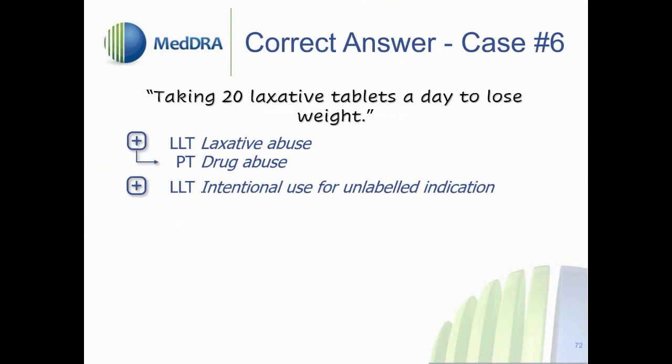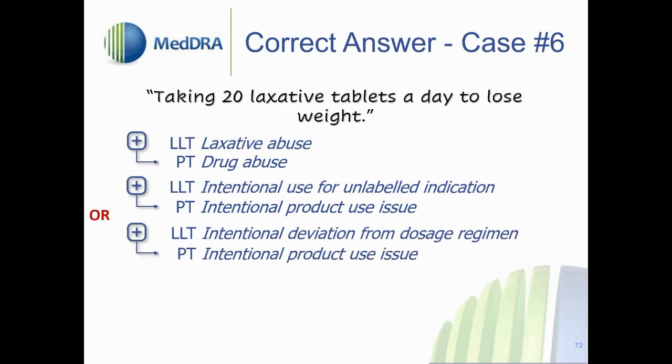We would select intentional use for unlabeled indication because it was taken for weight loss, not for obstipation, grouped under intentional product use issue, or we could also select intentional deviation from dosage regimen, same PT. So in order to capture one of the specifics, you could code either of those. Both are grouped under the same PT.